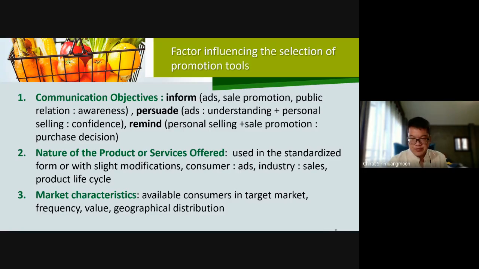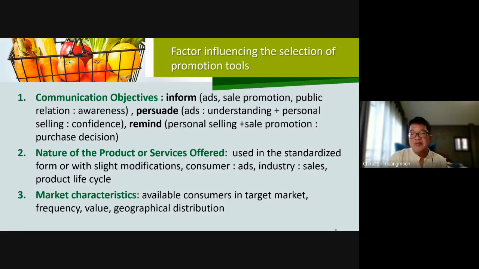For example, if you're dealing with the consumer market, advertising should be better, because you should publicize and announce in general. But if you're dealing with the industrial market or a processing unit, you need to focus on the salesperson, because they can close the deal at that time or provide information. Advertising provides information in one direction, but a salesperson can talk two ways.